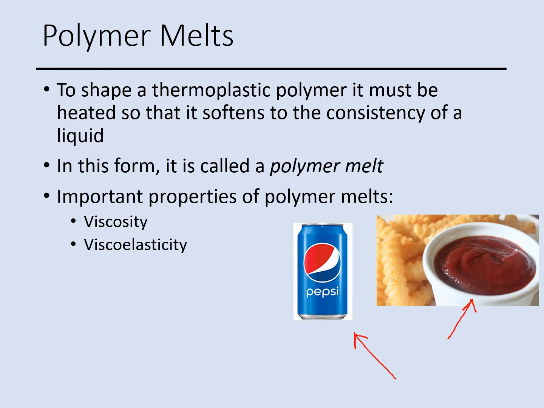The ketchup has a very high viscosity, and because of that it flows very slowly, right? But the other one, Pepsi, has less viscosity. It's more fluid. So the viscosity of Pepsi is lower than the viscosity of the ketchup sauce.